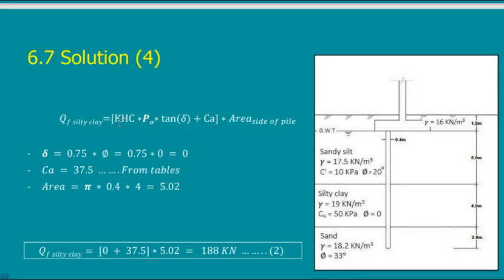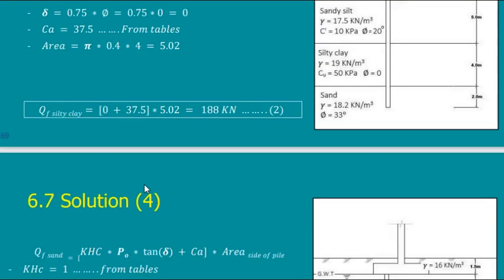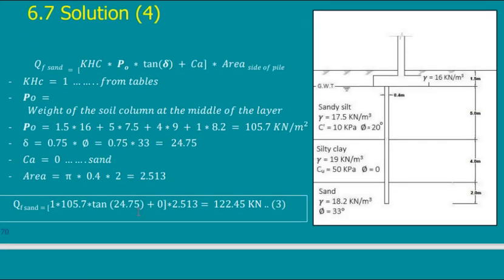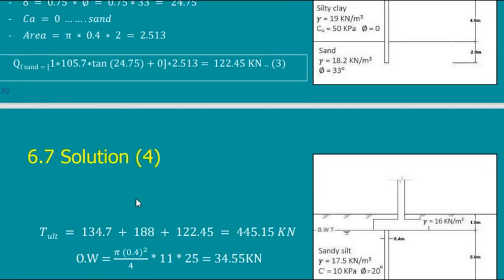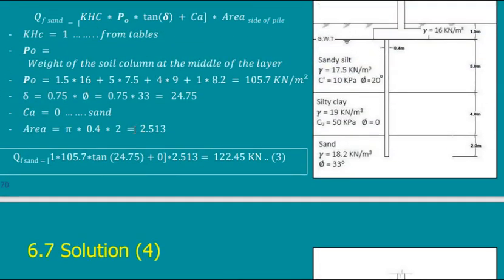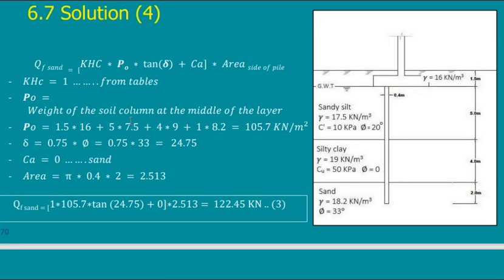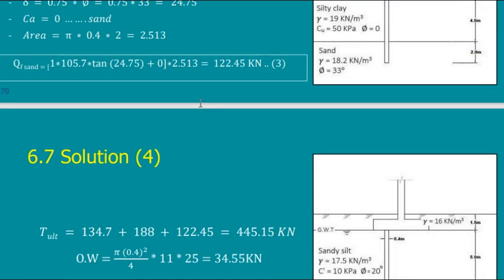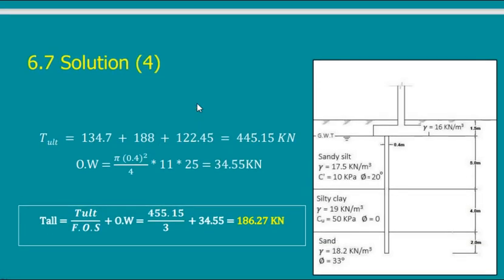In this case, I should change and use here KHC, and in the other one I should use KHT, and then they compare both results. I need to show you where is KHT. You can check it when you go into the calculation. Just check it to see where it is KHT, because maybe it is just misprinted. Maybe here it should be KHT, not KHC. But anyway, you know what we need to say.